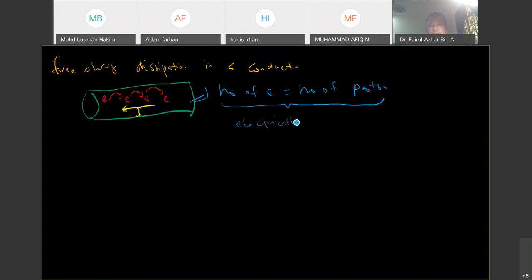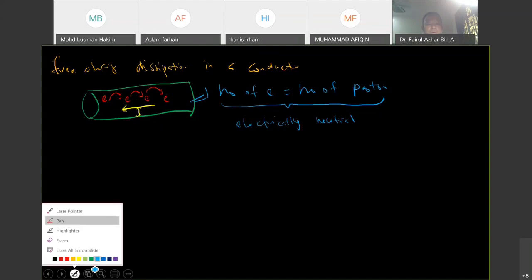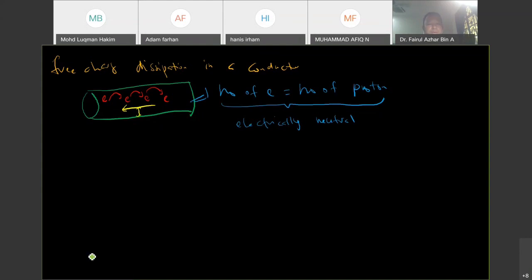That means even though the charge is moved from one point to another, the number of electrons and protons is still the same, and we don't have any negative or positive charge on the conductor because of that concept.